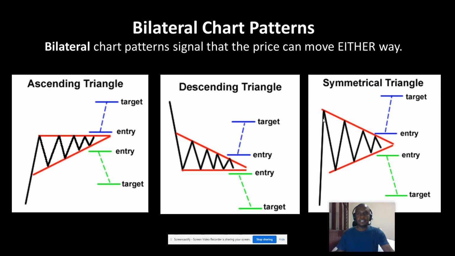So when you're trading this ascending triangle, descending triangle, and symmetrical triangle, you have to always expect the move to go either way. Unlike the previous patterns that we discussed, this one needs some caution when you're trading it.